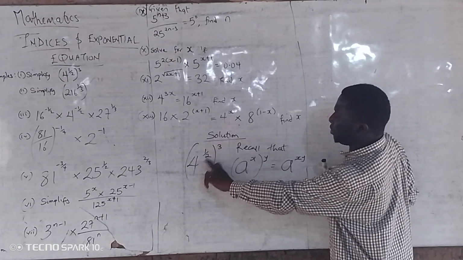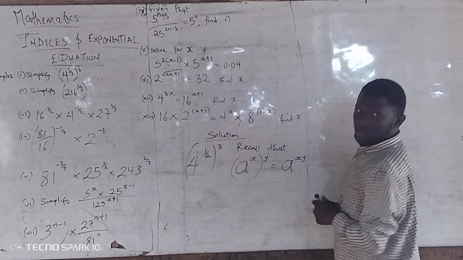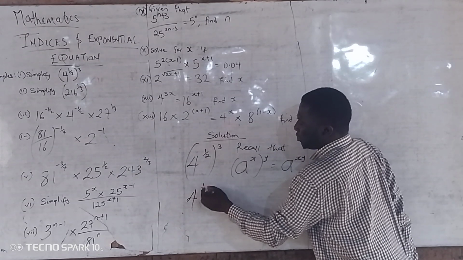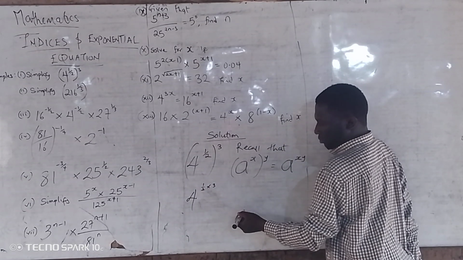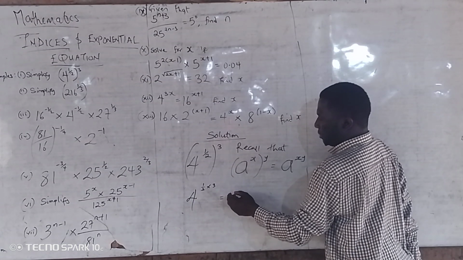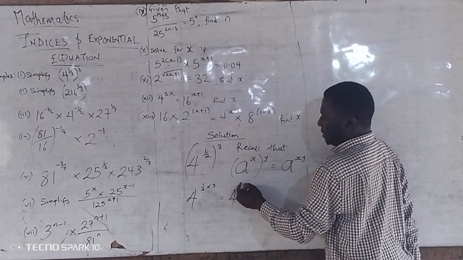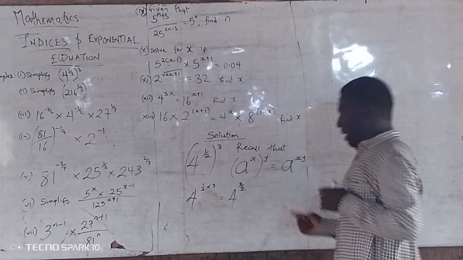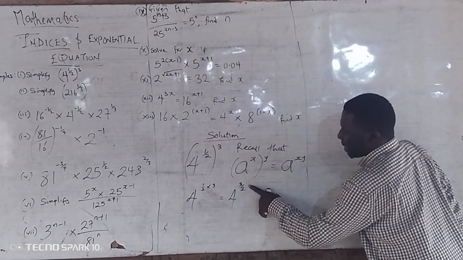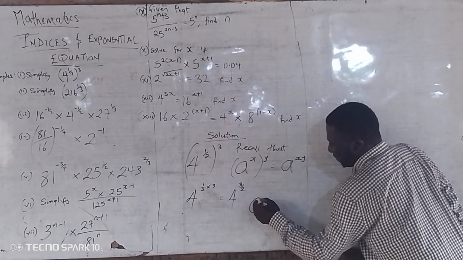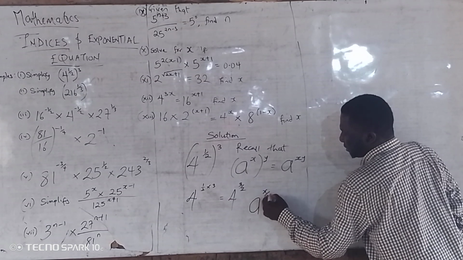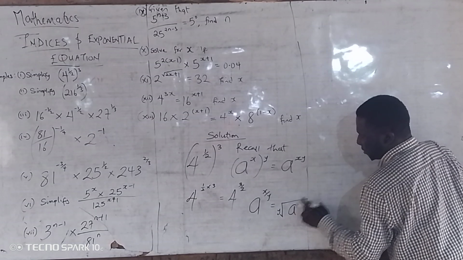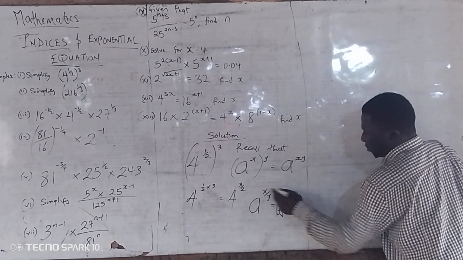So the same thing will happen to this question. We'll multiply the half by 3 so that the answer becomes 4 raised to power 1 over 2 times 3. So this will give us 4 raised to power 3 over 2. So this isn't the end. Now you will see that this 4 raised to power 3 over 2 looks like this law that I gave earlier, that a to the power of x over y is equal to the y root of a, all to the power of x.